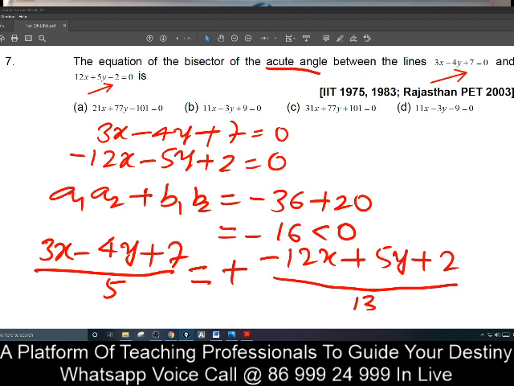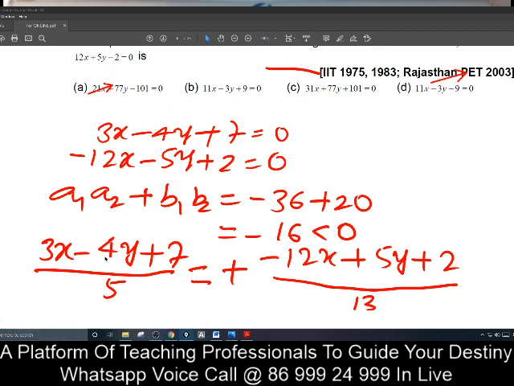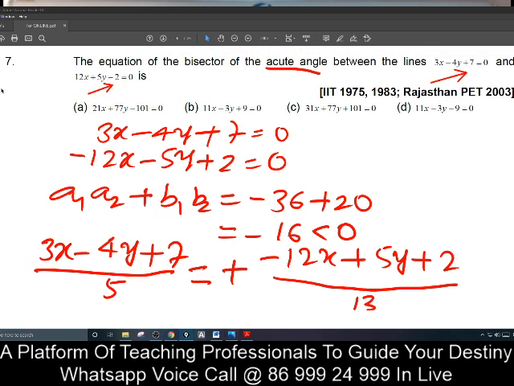39x minus 52y. Yes, Srinivas, what is the answer? 91 is equal to minus 60x plus 25y.